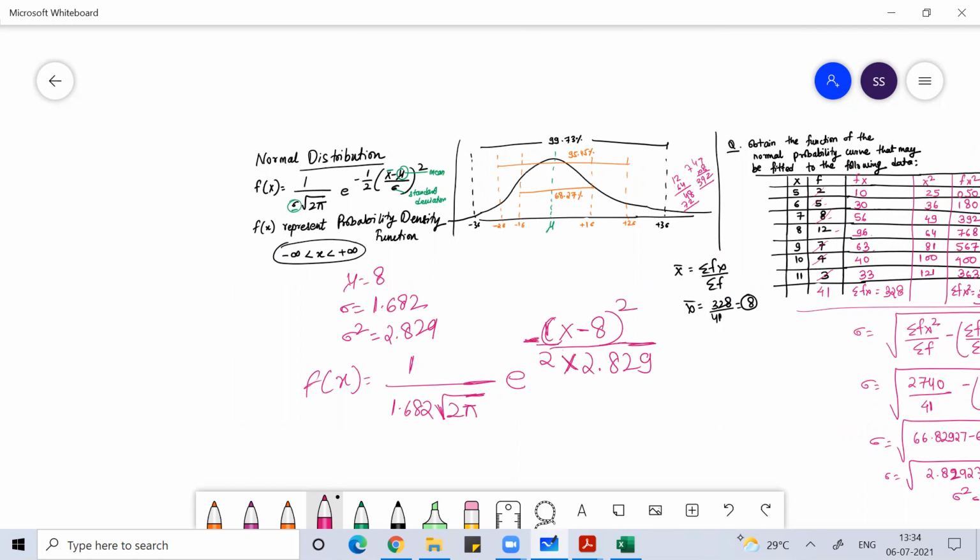This is with a minus sign. You getting this everyone?